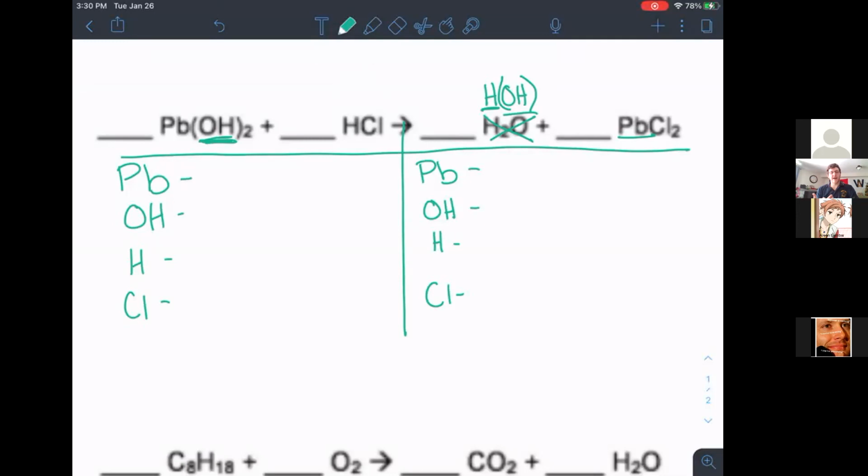So now we have to identify how many of each we have. On the reactant side, how many lead do we have? One, perfect. How many lead do we have on the right side, our product side?